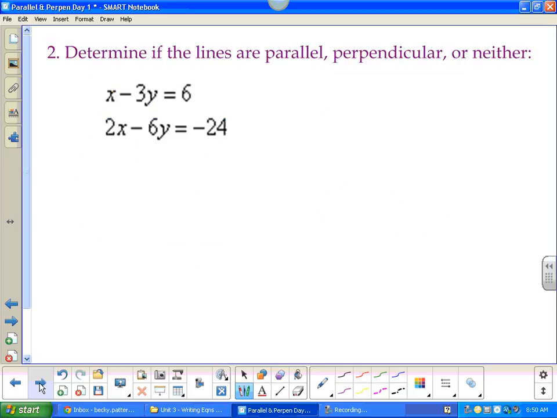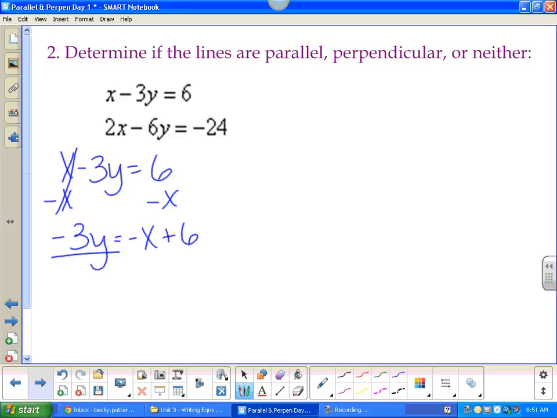Okay, number 2, determine if they're parallel, perpendicular, or neither. So the first one, I'm going to take the first equation and solve it for y because I need its slope. So its slope is 1/3.